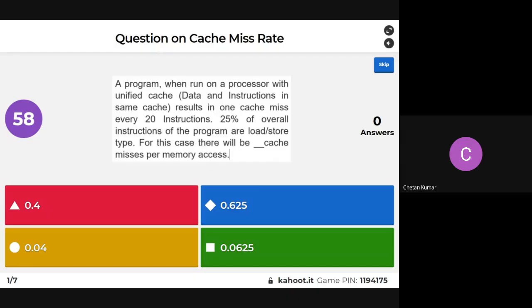Miss rate is given with respect to instructions. You have to calculate it with respect to memory access.